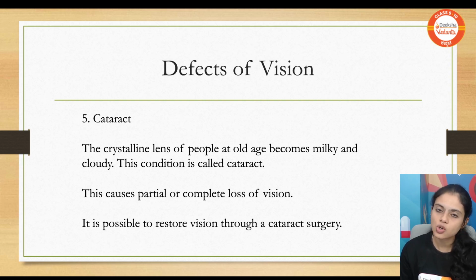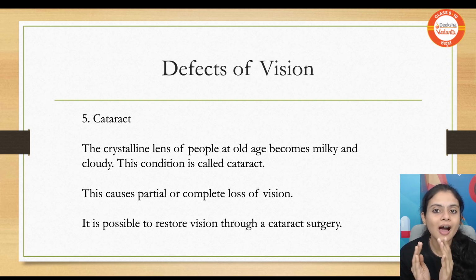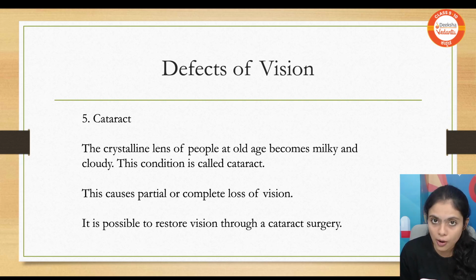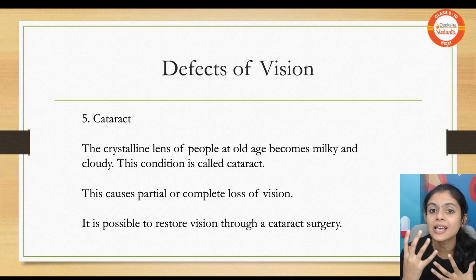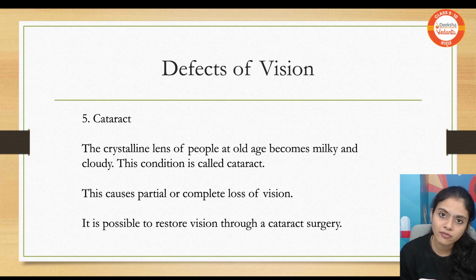Cataract is also caused in old age due to milkiness or cloudiness over the eye lens. The eye lens should be transparent to get the image. Due to the cloudiness, the person may partially or completely lose vision. The only way to correct this defect is to undergo cataract surgery. I hope that's clear now.